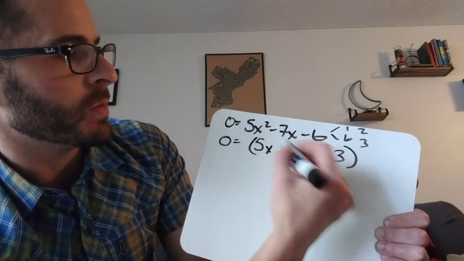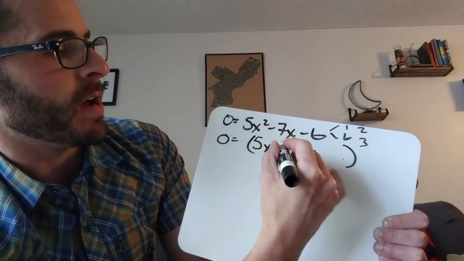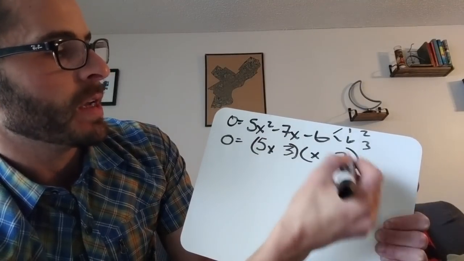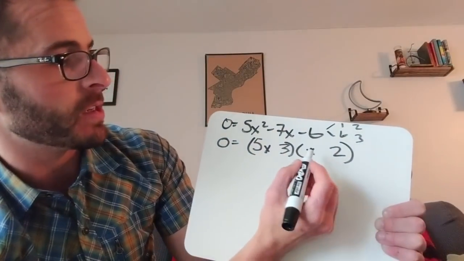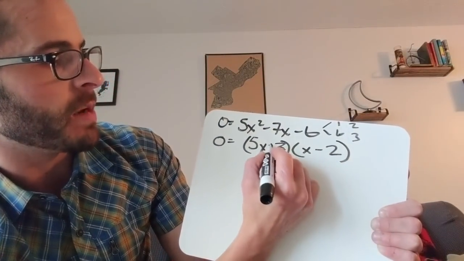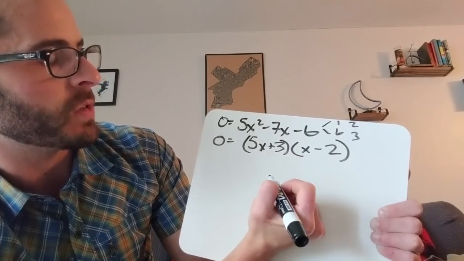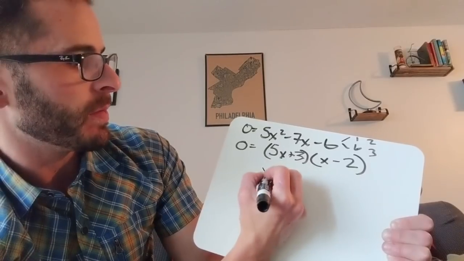Do 15 and 2 subtract to 7? Nope. But what if I put the 3 here and the 2 here? 5x squared, 10 and 3. Do 10 and 3 subtract to 7? Yes, they do. If I have a negative 10 and a positive 3, I'll get negative 7. And just to check, 3 times negative 2 is negative 6. So this is my factored problem.